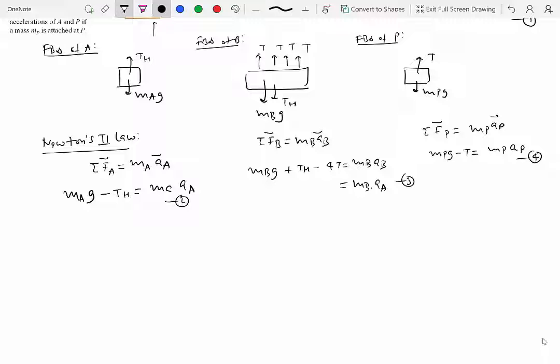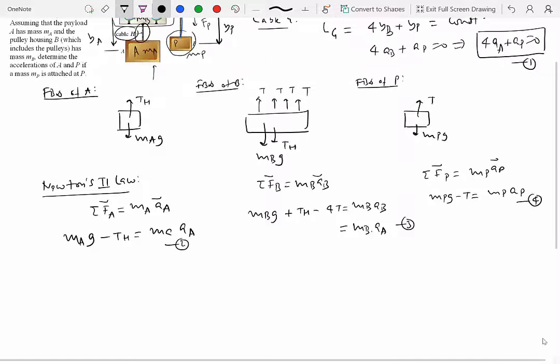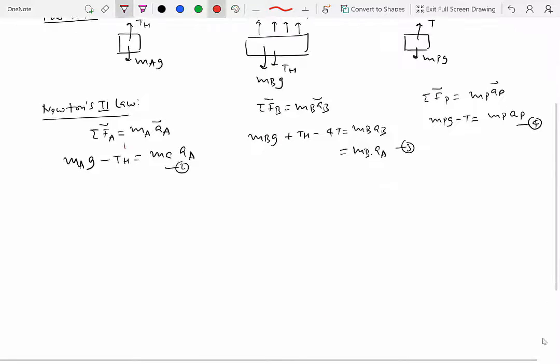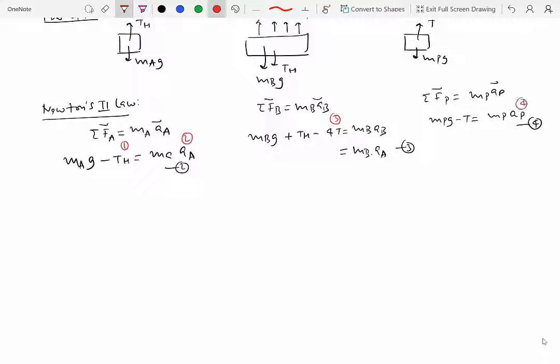So we have 4 equations, which means we can solve for 4 unknowns. So let's count how many unknowns we have. We have T sub h as one unknown, AA as second unknown, T as third unknown, and AP is the fourth unknown. So we have 4 unknowns, we have 4 equations, we can solve for all of them, right?